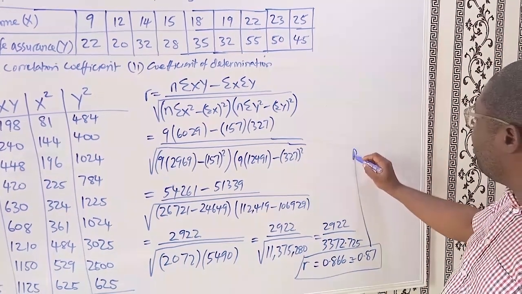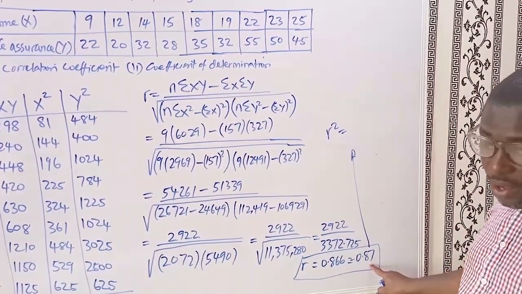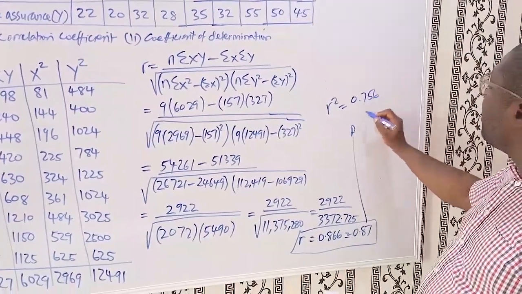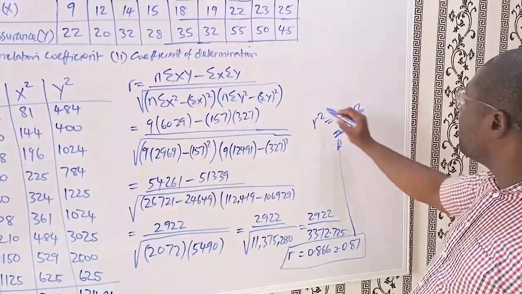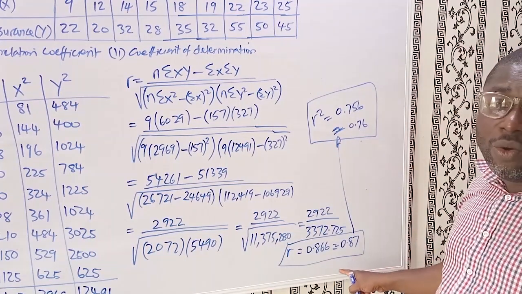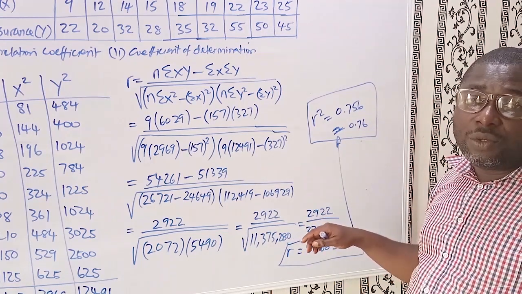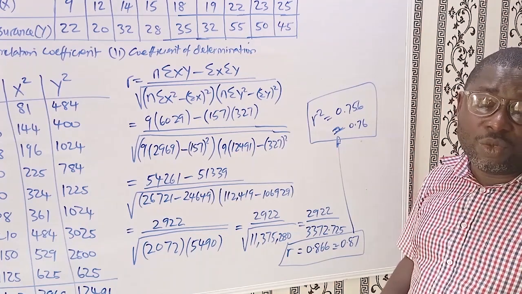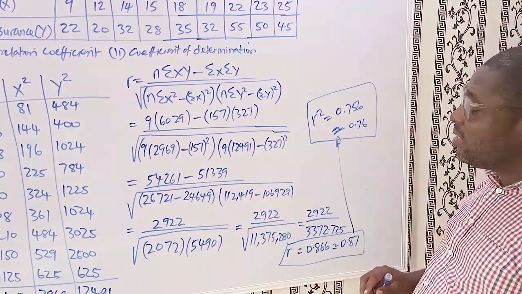So r squared, the square of this, will give us something like 0.756, so that we can say approximately 0.76. So this is the answer. Most times when you square your correlation coefficient, it gives you a lower value, just to show that you've removed all the things that could cause variation in the relationship between the two variables in question. So this is the answer to the question.